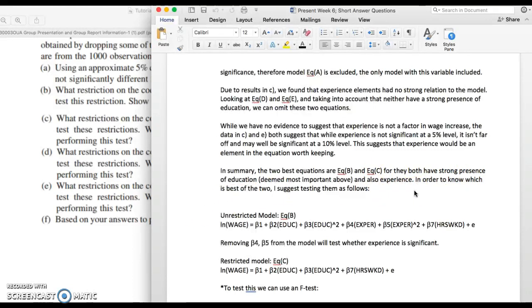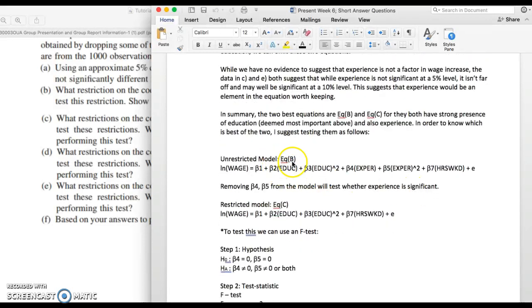So in order to know which is best, I suggest testing as follows. So we have an unrestricted model of equation B versus essentially removing experience from that to test whether or not experience is worth having or not.